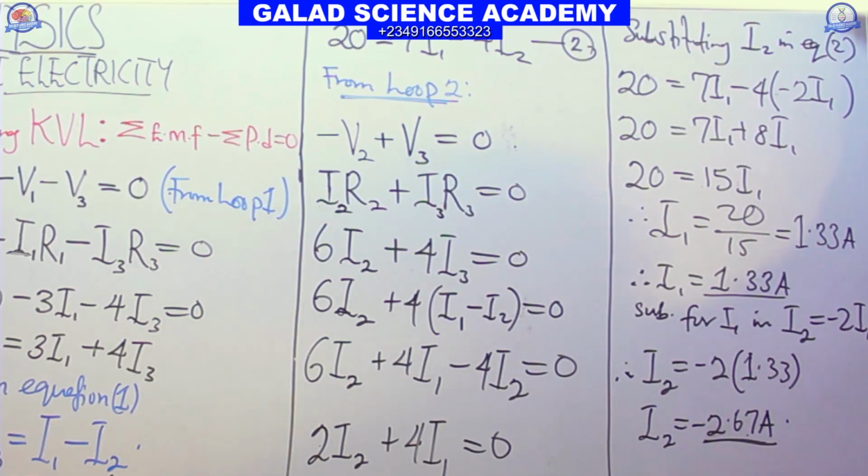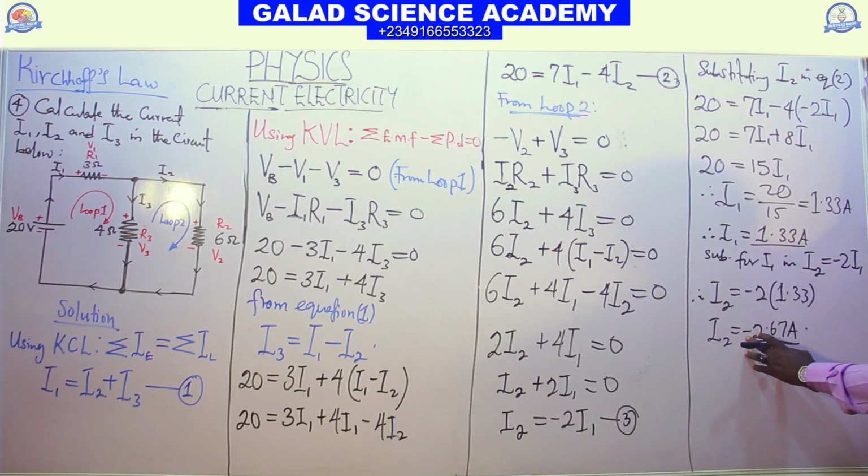Okay, so the I2 here is minus 2.67 ampere.